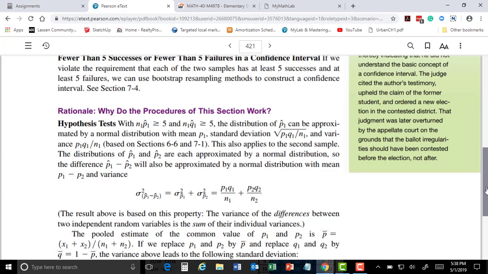Okay, so if you remember, this is the deviation for a binomial distribution. Instead of S equals this, P1, that's the probability of success, times the probability of failure, divided by the number of data samples in the first sample. Are you with me?